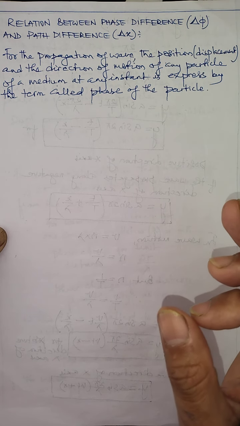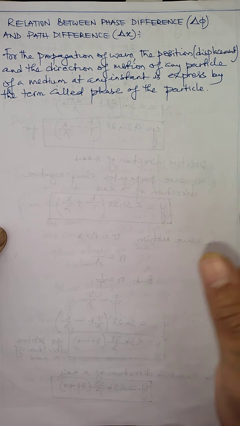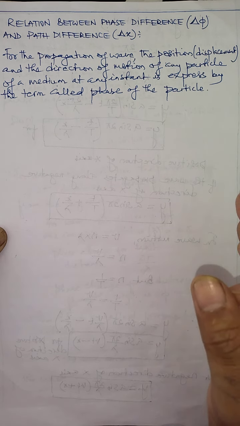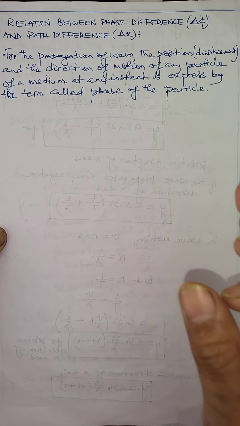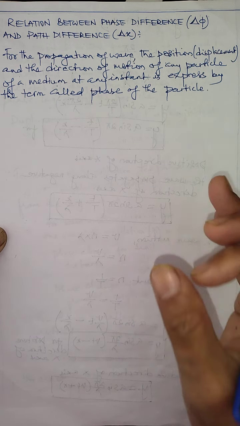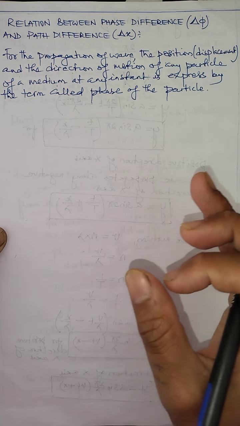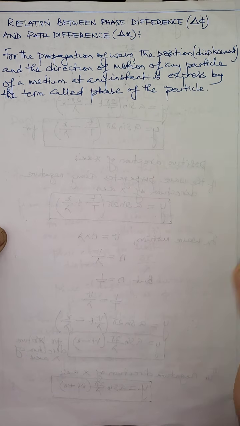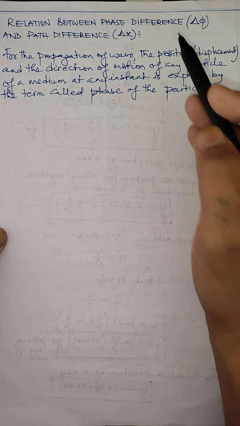So if we observe a few particles close to each other, we shall find that the displacement and direction of motion of those particles, even though they are very close to each other, are different. The difference in the angle of position and direction of motion of particles is expressed by the difference in angle between the particles, and this is expressed by the term called phase difference.